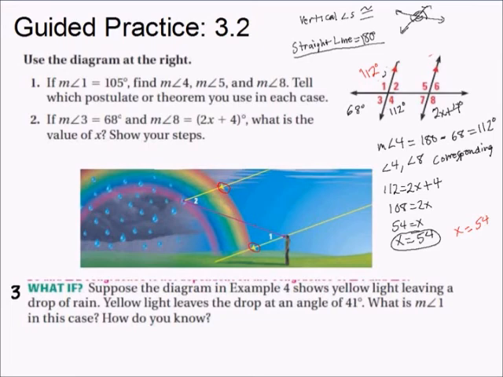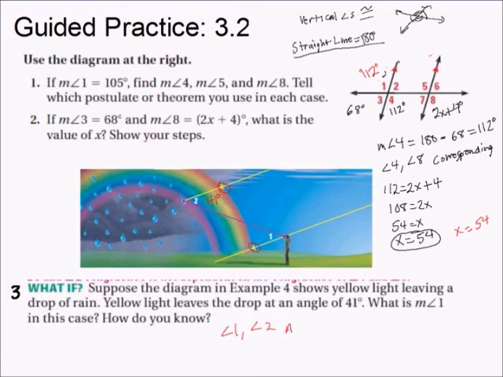This is a line that cuts through two lines. Yellow light leaves the drop at an angle of 41 degrees. So here's my drop, and I know that this has to be 41 degrees. What is the measure of angle 1 in this case, and how do you know? Well, if you look at angle 1 and angle 2, they are on the inside and they're on opposite sides of your transversal.